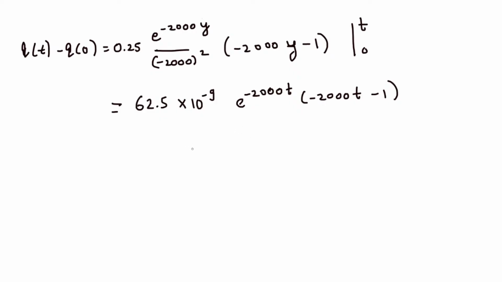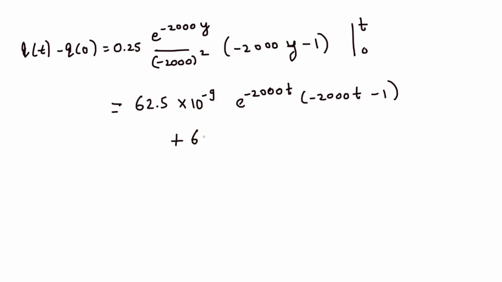Okay, and so on. So I put plus here because here we have negative 2000, and if we apply 0, the whole thing is going to be 0, and then here this is negative 1, and we are looking at the difference. So this is q of t minus q of 0, the whole term minus, so the minus makes it into plus here.